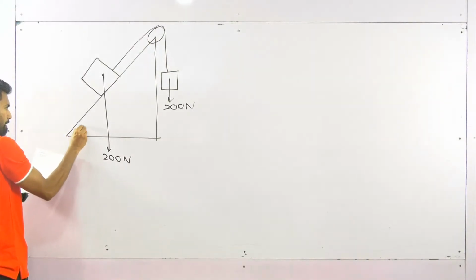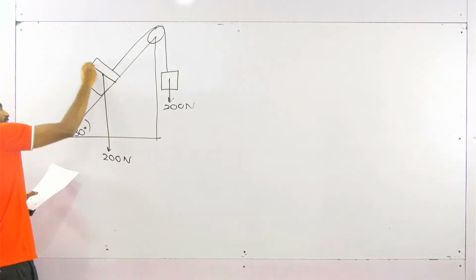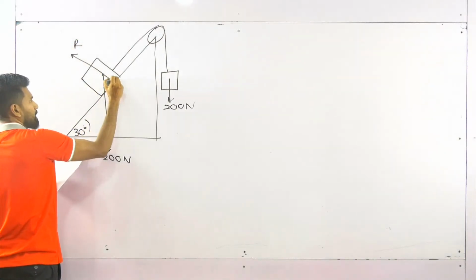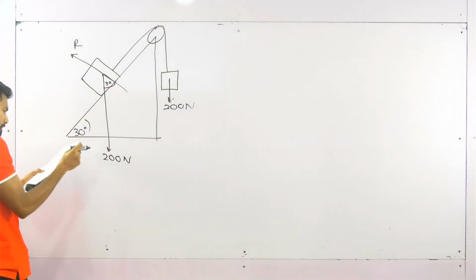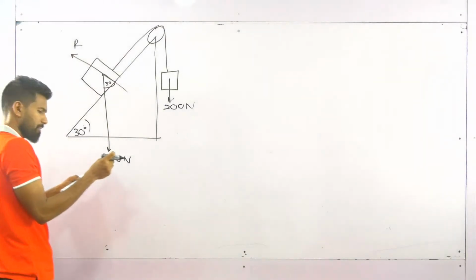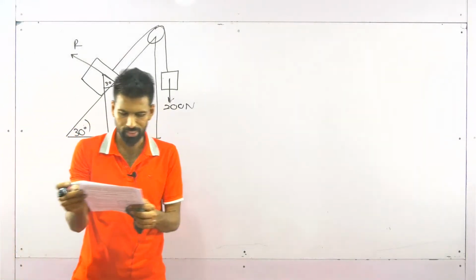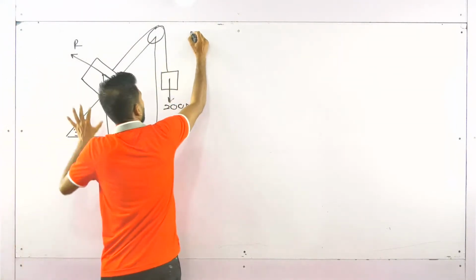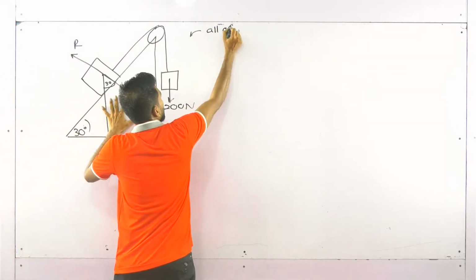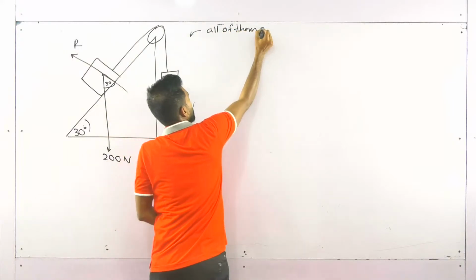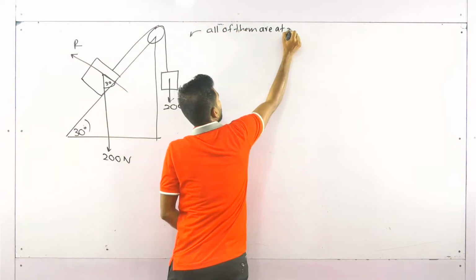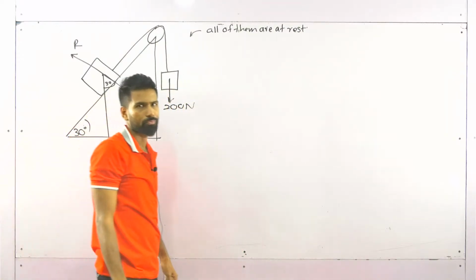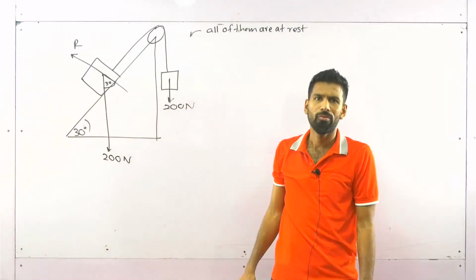The inclination is 30. When it touches the ground, it will create a normal reaction like this. Here the angle is 30. Then A will remain at rest if the frictional force on it is... Now, a single mass cannot be kept at rest when the other is moving.